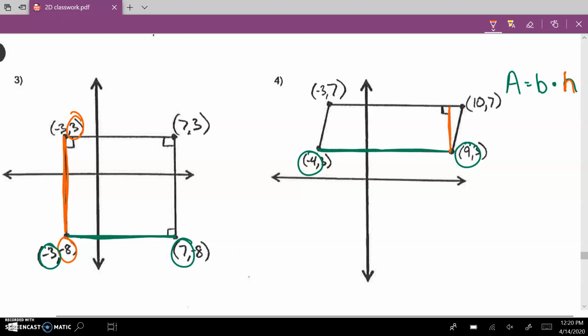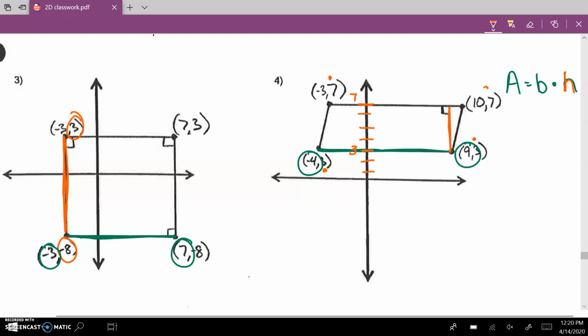Now this one's a trickier one, so I'll walk you through it. If we look at these y numbers here in these ordered pairs, we are starting here at the number 3, like 1, 2, and there's 3. We are going up to 7, so 4, 5, 6, 7.